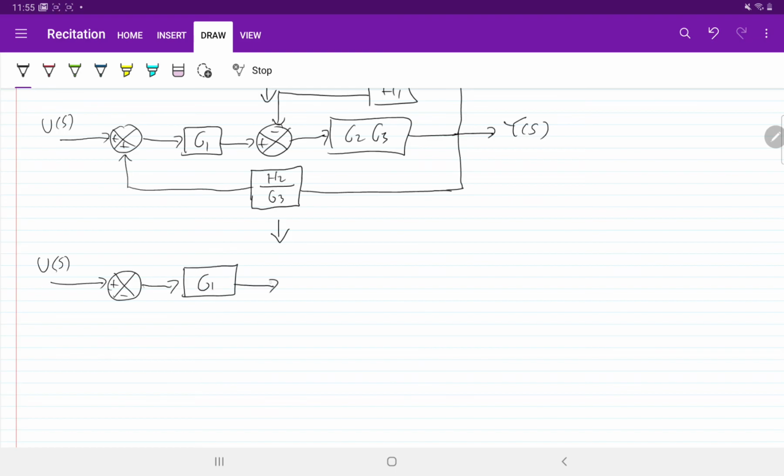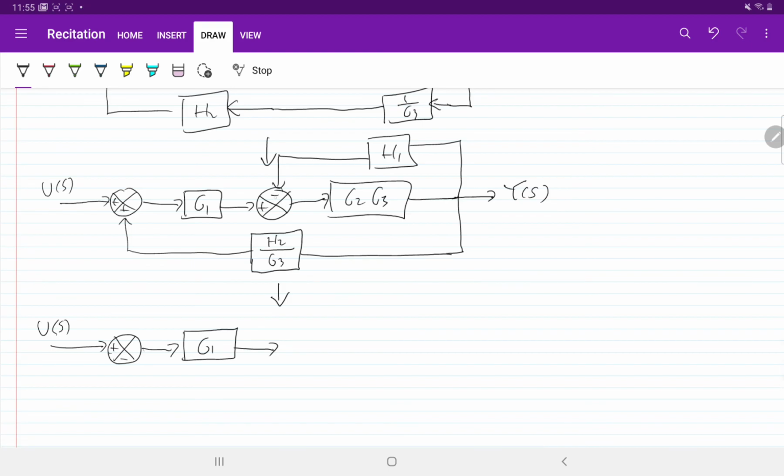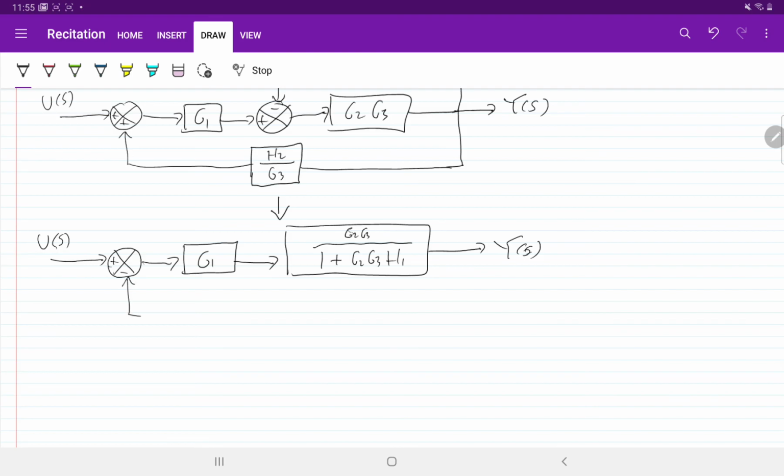This is negative feedback. So you should know that if you have negative feedback, then it can be simplified into G2 G3 over 1 plus G2 G3 H1, Y of s, and H2 over G3.